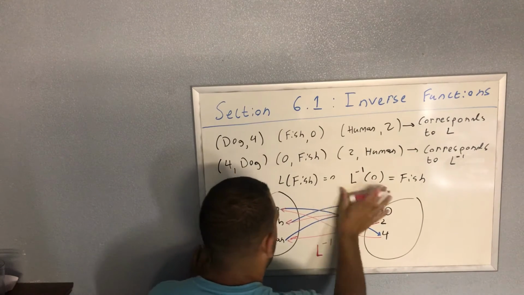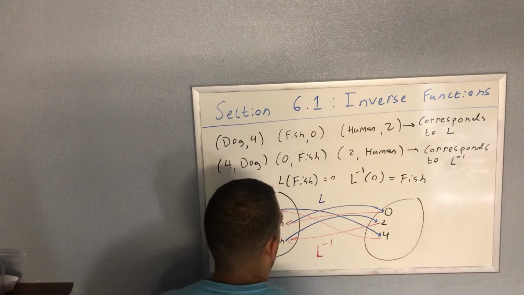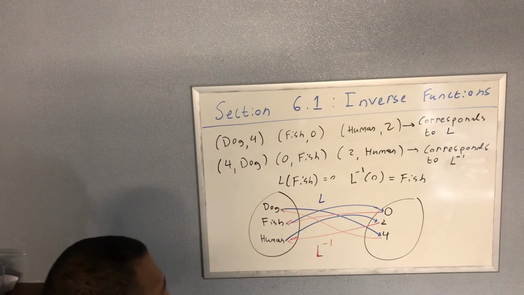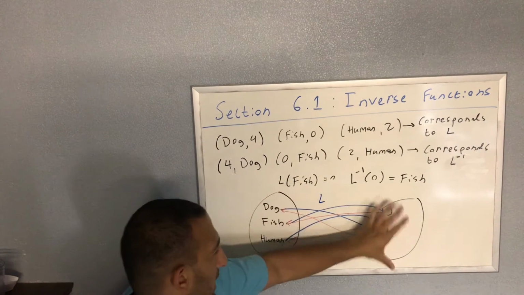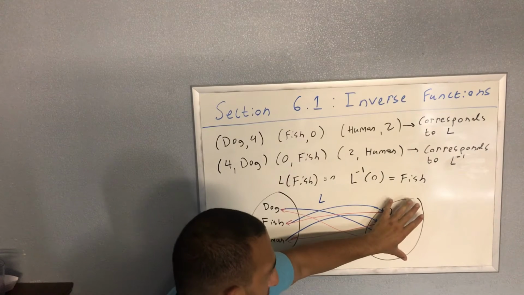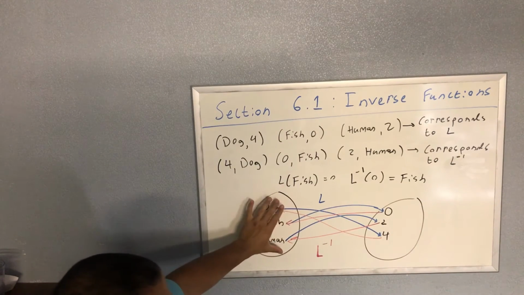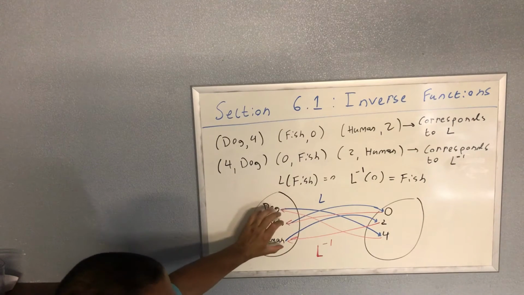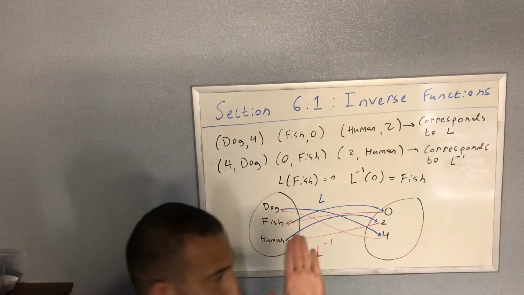We call this L inverse. So now you go from this guy to that. So notice the domain and range have interchanged. Now the domain of L inverse was the range of L. And the range of L inverse, the set of outputs, was the original domain of L. So they flip-flop.